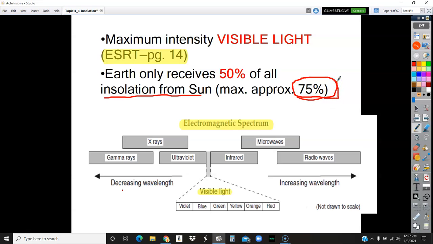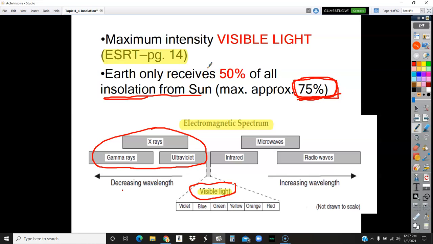We never get 100%, and that's because we don't get this stuff. These things, again, get blocked in the upper part of the atmosphere: the gamma rays, the X-rays, the ultraviolet. We want the visible light, right? That's what we need. But gamma, X-ray, ultraviolet get blocked out. So even on a bright, sunny day, the atmosphere will allow 75% of insolation to the surface.